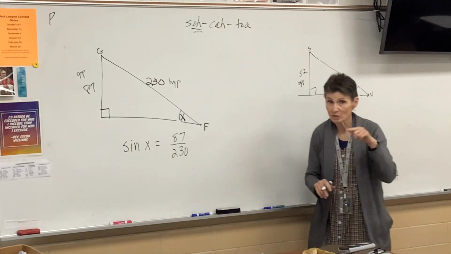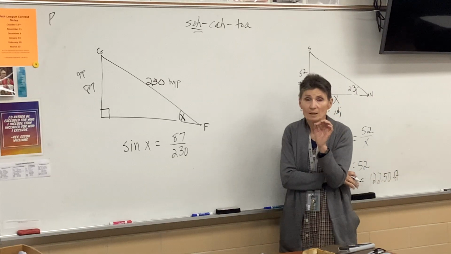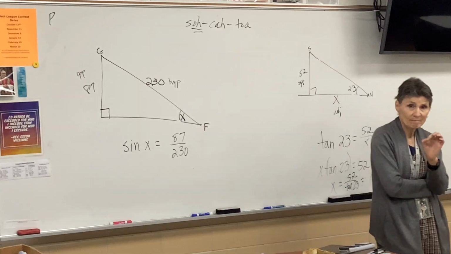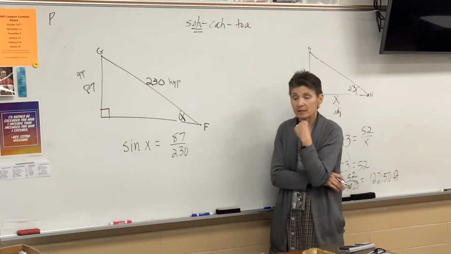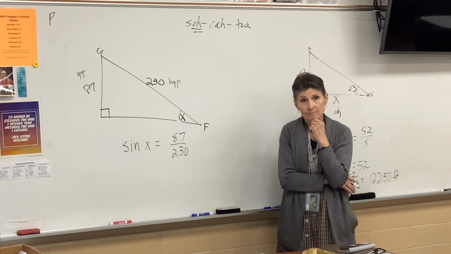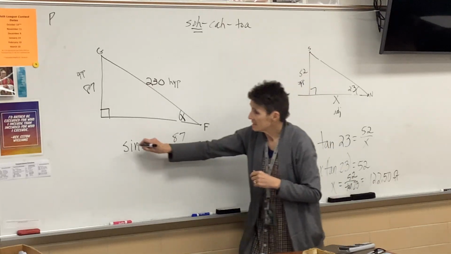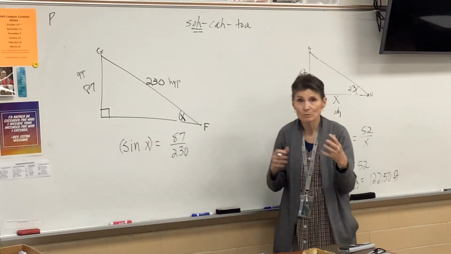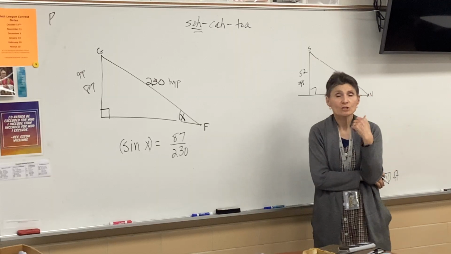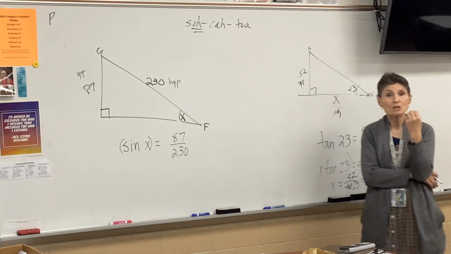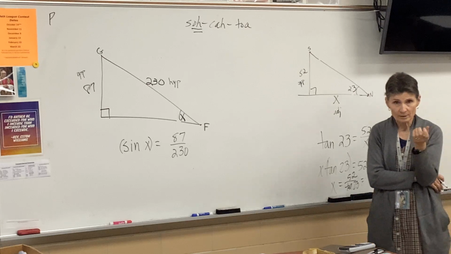Right, now stop. I know this looks a little different, but remember, whenever you write a sine, you attach the angle to it. In this case, the angle is x. So sine x equals 87 over 230. These are not separate. There's nothing you can do with that, okay? In order to solve this, we need a new button on our calculator.